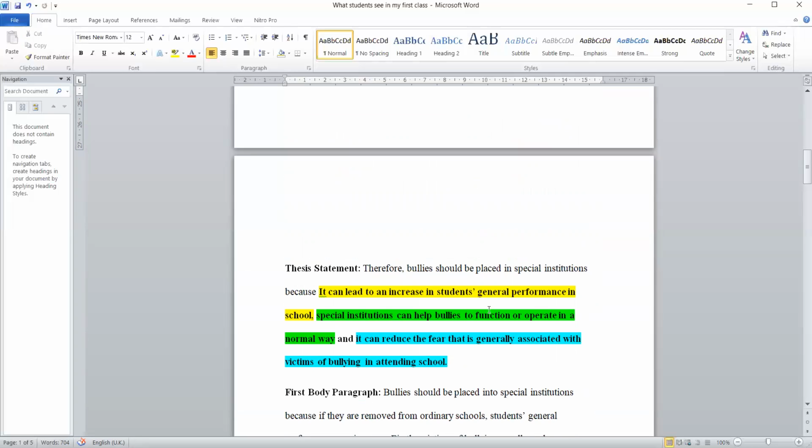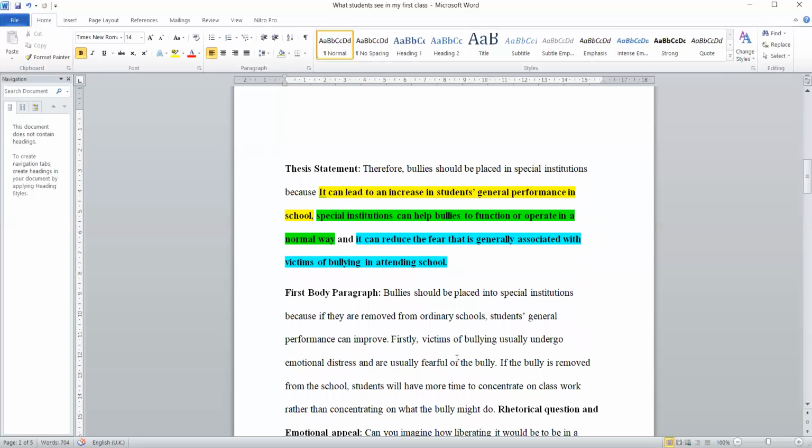What I did with my thesis statement was to ensure that I had 3 points. So anytime that you're writing your thesis statement, ensure that it has three convincing points for your persuasive essay that you will use to develop your three body paragraphs. Once you have 3 points in the thesis itself, you are good to write the rest of your essay because you have the points that you will develop.